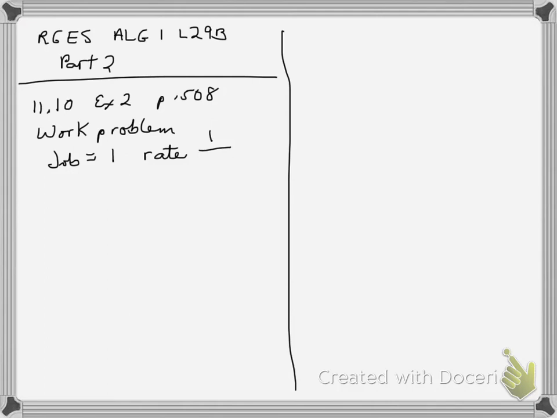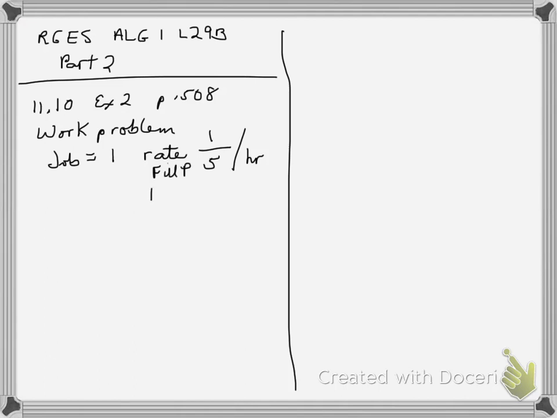So if the fill pipe can fill an empty swimming pool in 5 hours, it does 1/5 of the whole job per hour. So that would be the rate of the fill pipe.